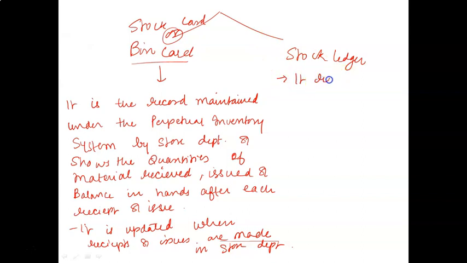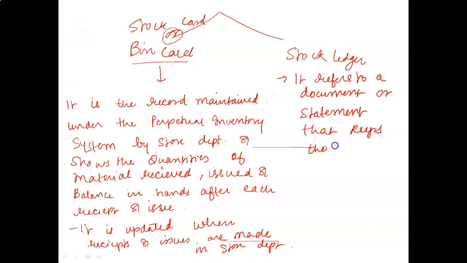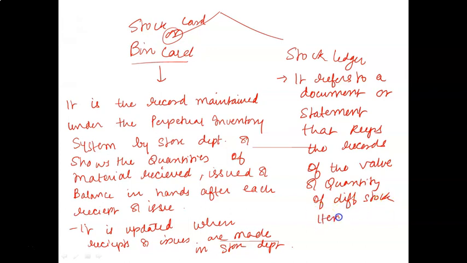Stock ledger refers to a document or statement that keeps the record of the value and quantity of different stock items issued, received, and their closing balance.